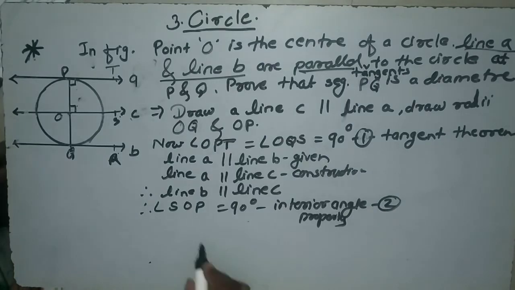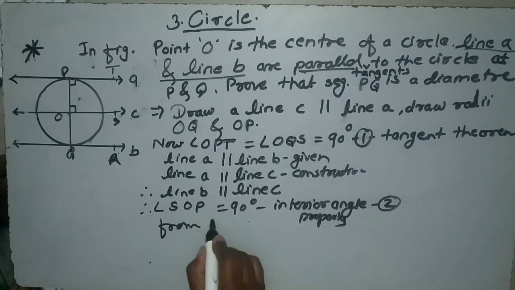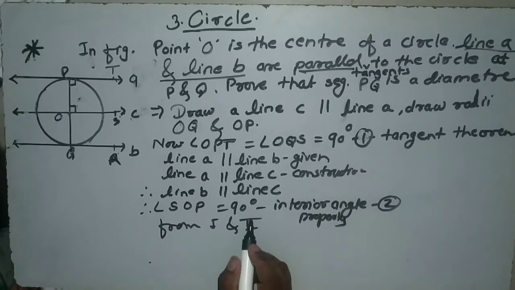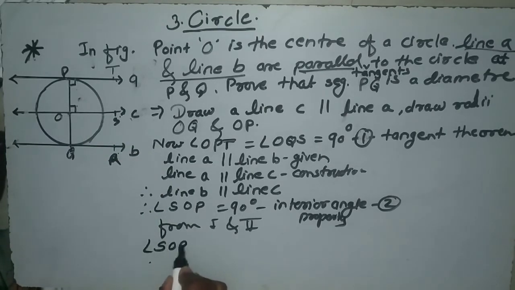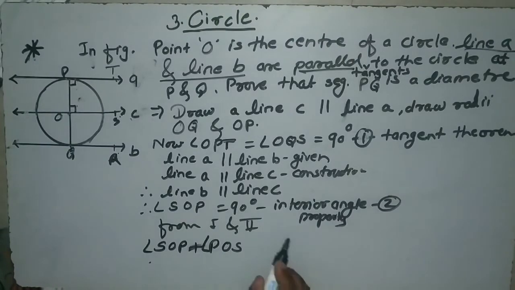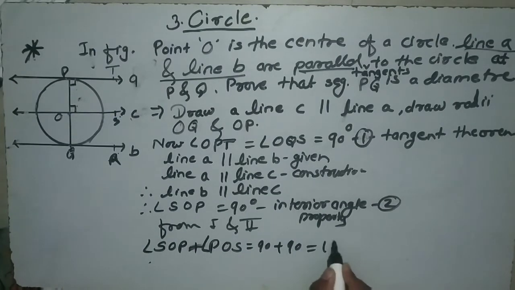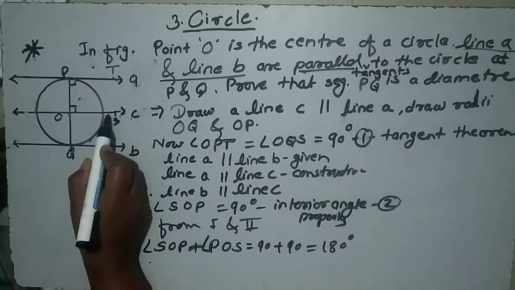Now from 1 and 2, the sum is 180. So angle SOP plus angle POS is equal to 90 plus 90, which equals 180 degrees.